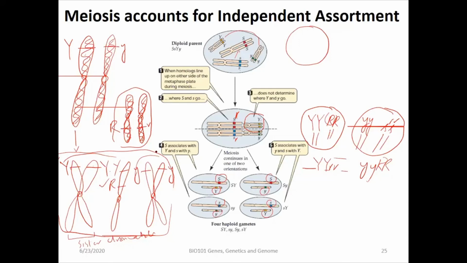Mendel was extremely intelligent but extremely lucky, because all the genes, all the traits he studied, fell on seven independent chromosomes. The pea plant has 7 pairs of chromosomes, and Mendel studied 7 traits. Each trait was on an independent chromosome.